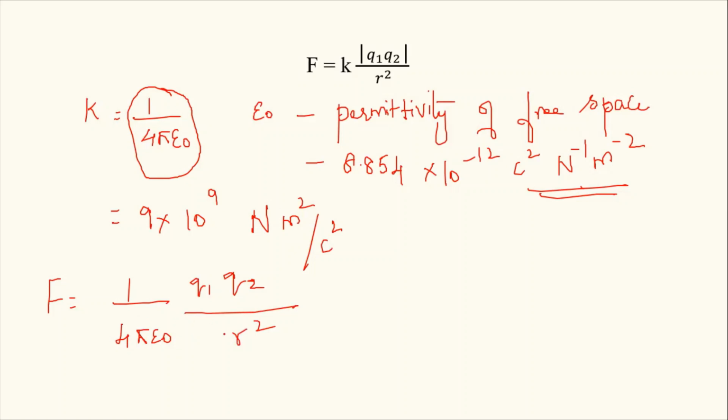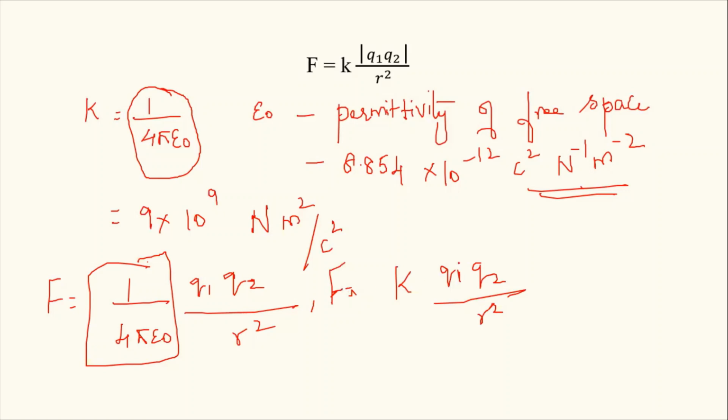Let us take this 1 by 4 pi epsilon naught as K. First we will find out the SI unit for K. So F is equal to K Q1 Q2 upon R square. Now if you take K on one side, this gives F into R square divided by Q1 Q2 equal to K. What is the SI unit of F?